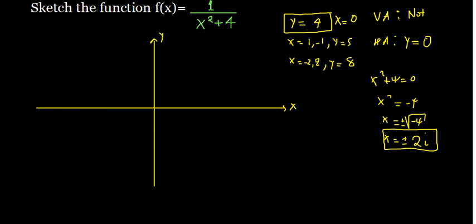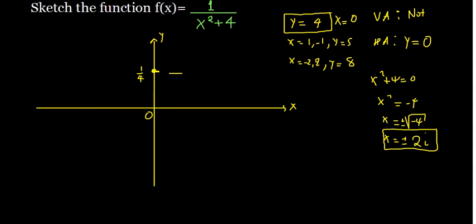Now we've already determined that y equal to 0, which is the x-axis, is an asymptote. And the biggest value we can have is when x is 0, and that is going to give us 1 over 4. This is the biggest value we can have.